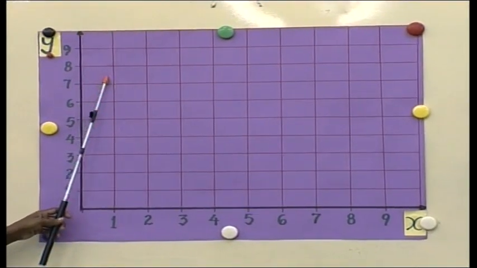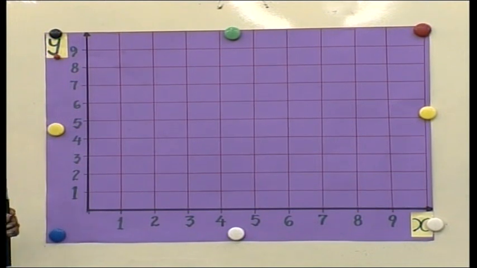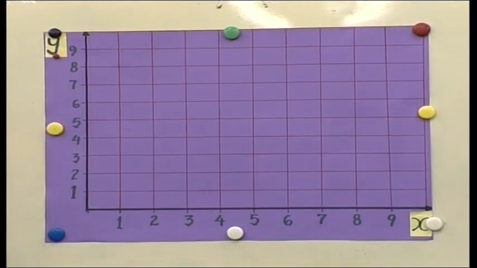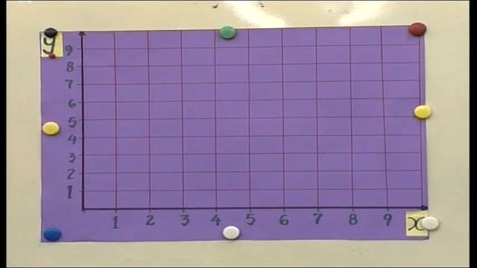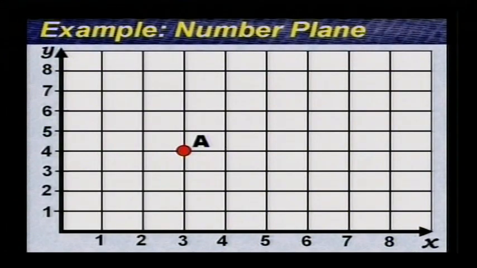From the PowerPoint, I have one example of a number plane together with an activity that we will do together so that you will know how to read coordinates from the number plane.